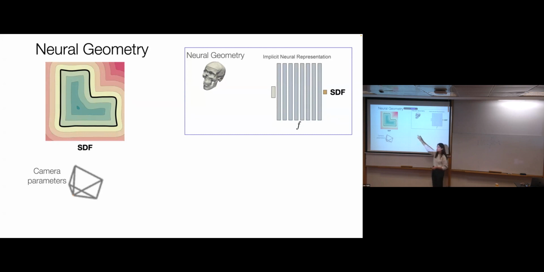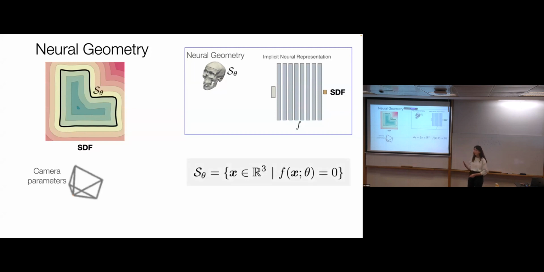This is the contour of a 2D signed distance function. This level set describes positive distance to the surface, this is the zero level set of the function, the surface, and these are negative. So for each point it predicts the signed distance to the surface, and in that way we can represent the surface implicitly as all the points for which the function predicts zero.